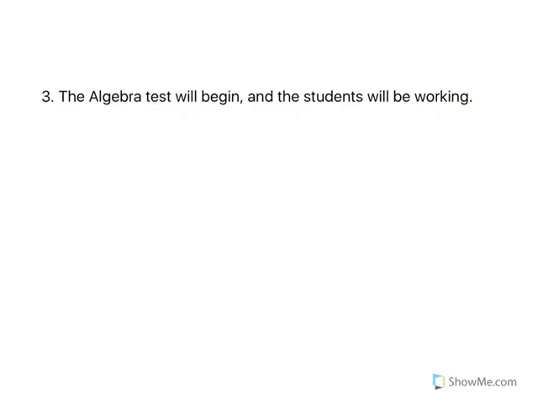So the subject of the first independent clause is going to be test. The test is what's beginning here. So that's a subject noun. And thus, begin is our verb, intransitive. Will is going to be a helping verb in this situation because it's giving context to the rest of the sentence.